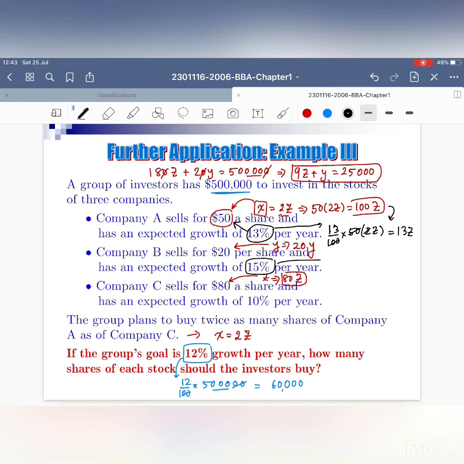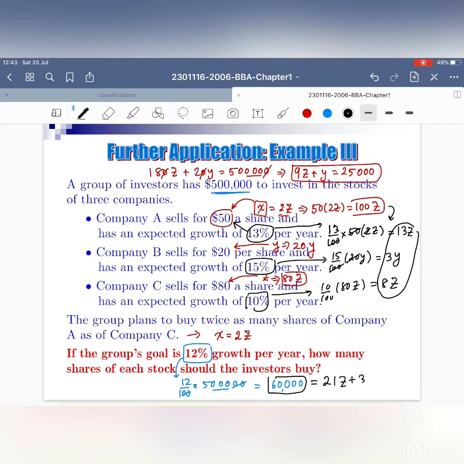This one, 15% of your 20Y, so it is 3Y, and this one is 10% of your 80Z, which is 8Z, and together it must be 60,000. So you have 21Z and 3Y.